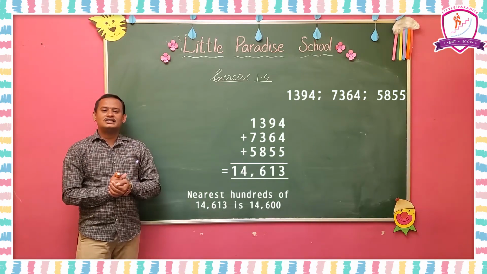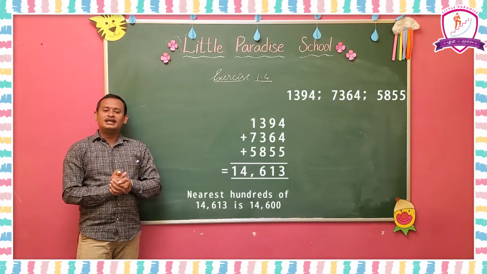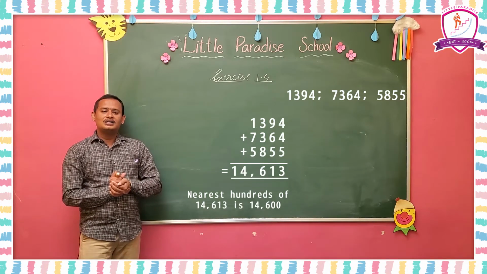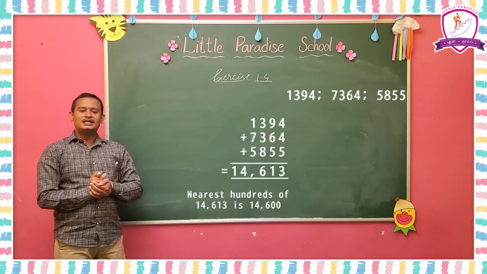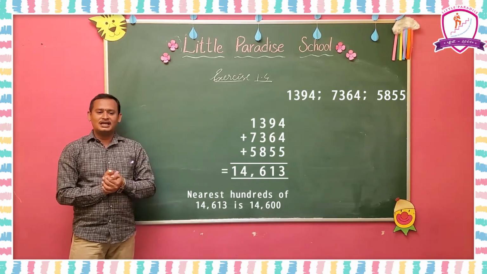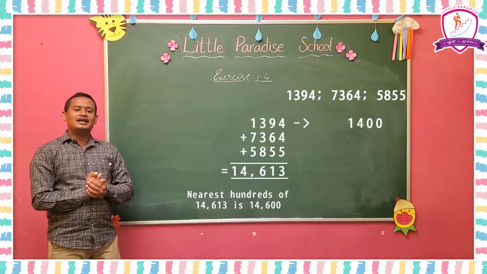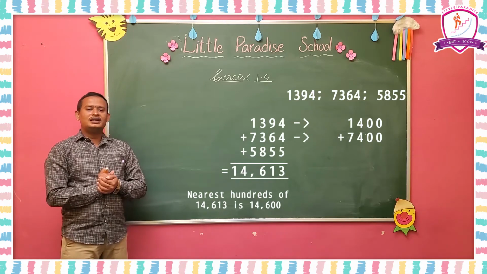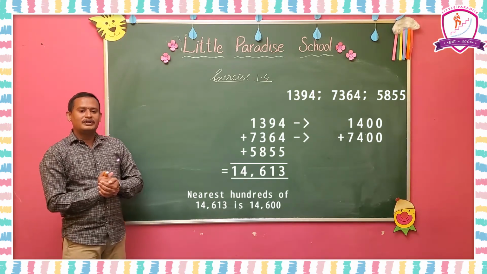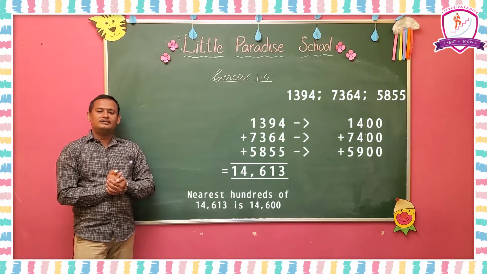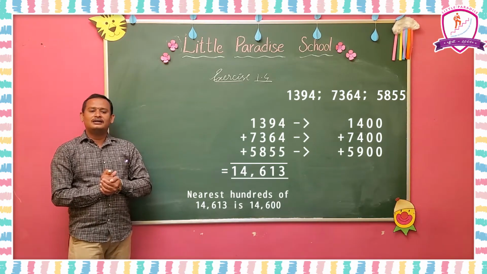Also, estimate the sum to the nearest hundreds. We have to estimate the given numbers to the nearest hundreds first. 1394 will become 1400, 7364 will become 7400, and 5855 will become 5900.